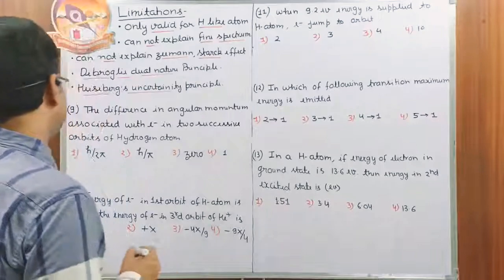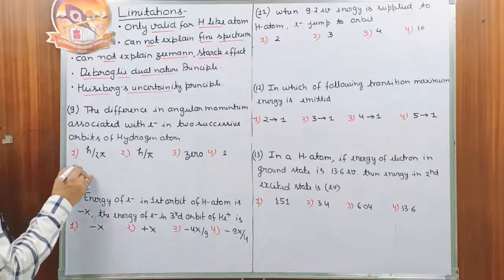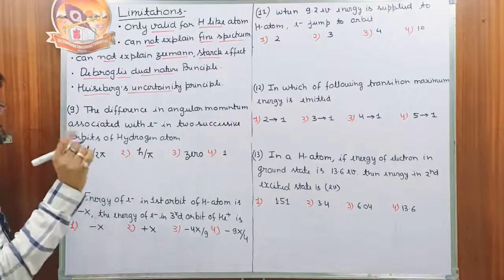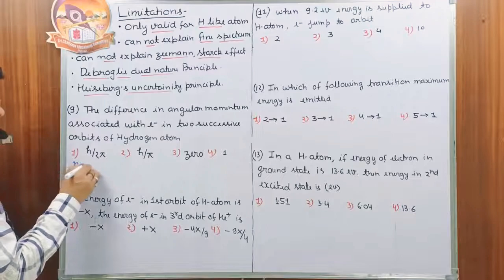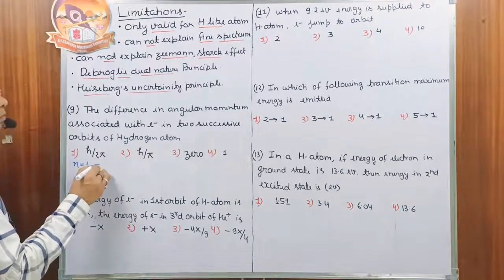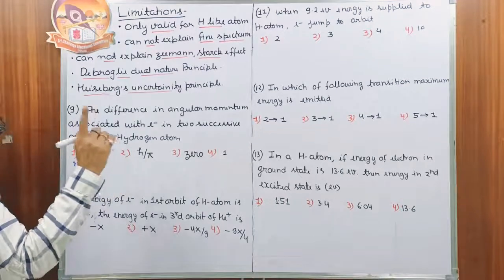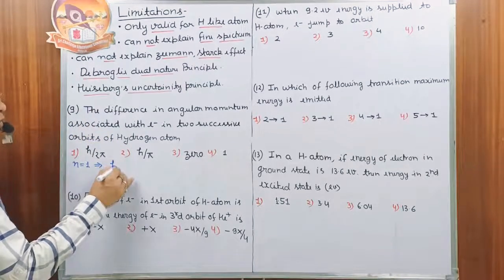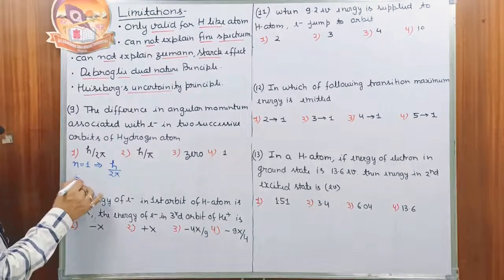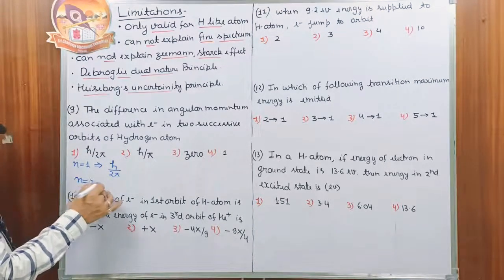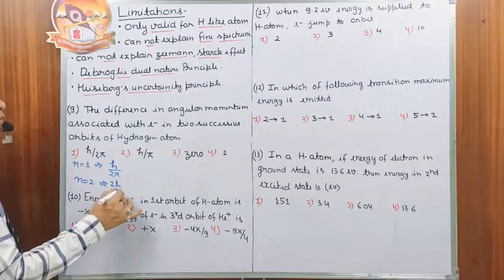Suppose the electron is present in the nth shell. Suppose the electron is present in the first shell, when n is equal to 1, the angular momentum of the electron is, we know nh upon 2 pi, so it is h upon 2 pi. And suppose when the electron is present in the second shell, then its angular momentum becomes 2h upon 2 pi.